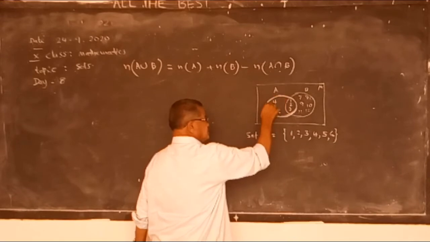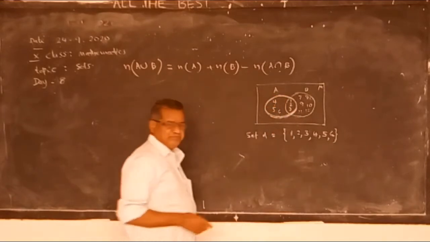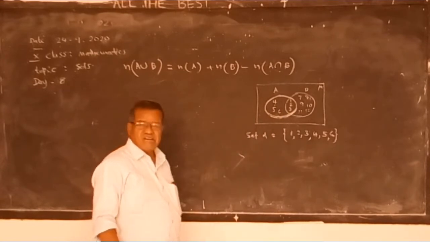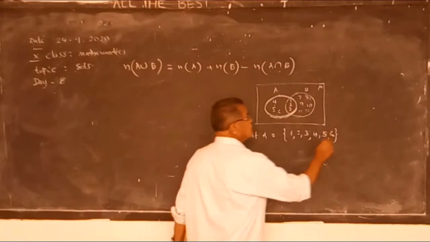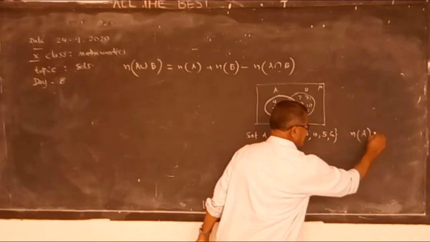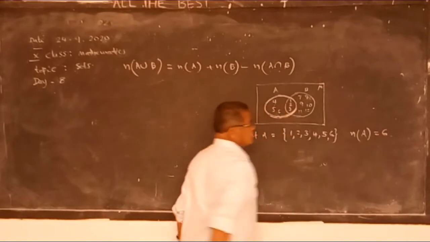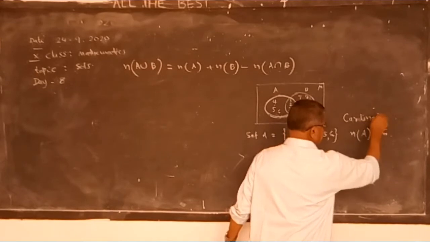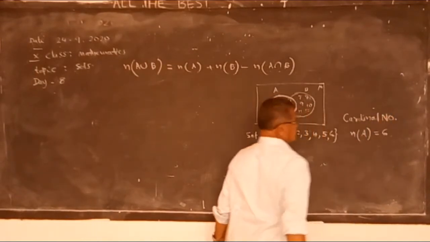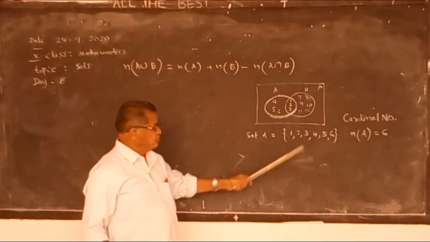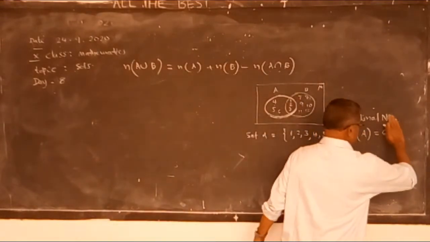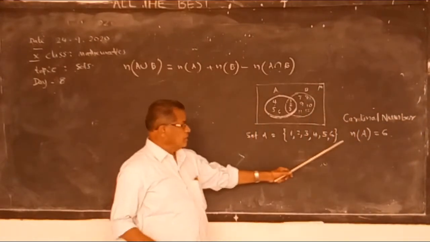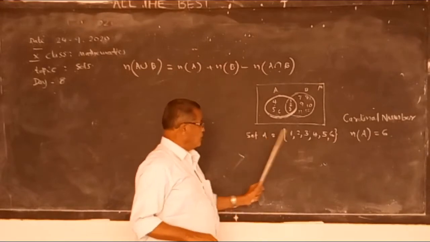Don't confuse, there are two circles. 1, 2, 3, 4, 5, 6. How many elements are there? The cardinal number of elements in set A is 6.